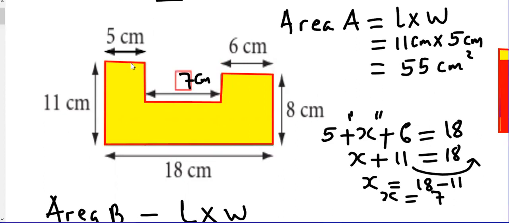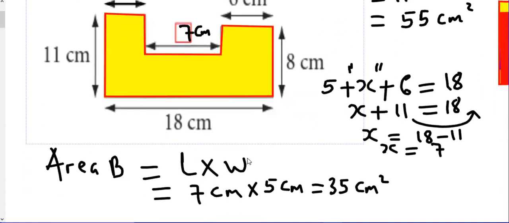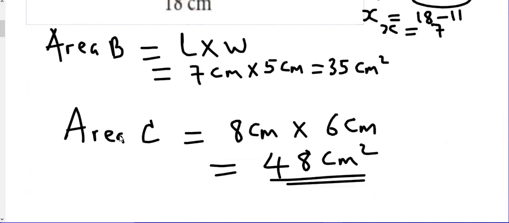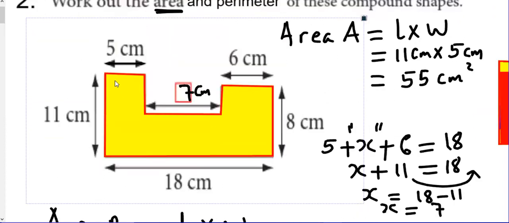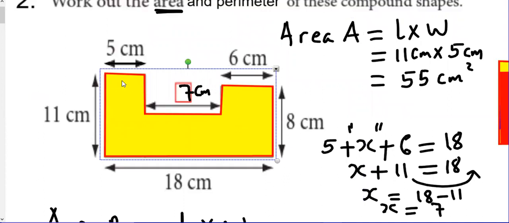To get the area of this compound shape, we need now to add. You need now to take area A plus area B plus area C. When you add all of those, is when you get the area of this compound shape.